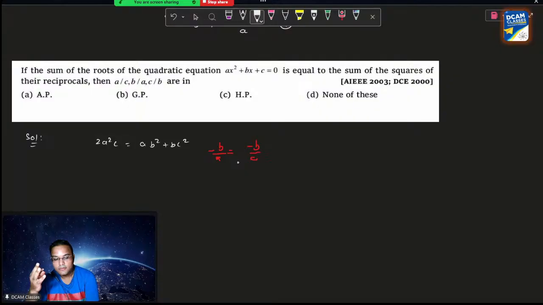No, not like that. See, they have written the sum of the roots of the equation is equal to the square of this. This means what they have said: alpha plus beta is equal to 1 by alpha square plus 1 by beta square. That's the mistake here.